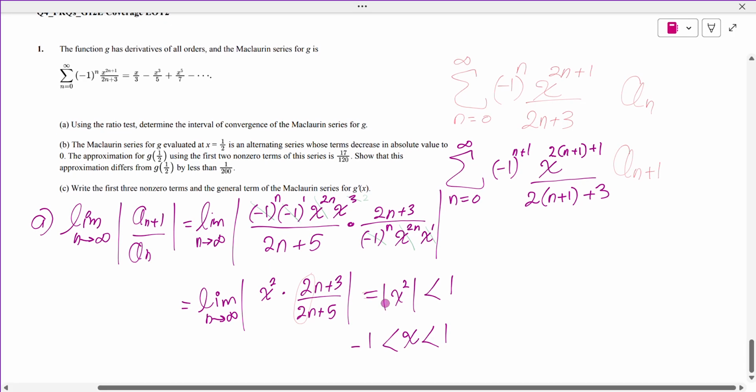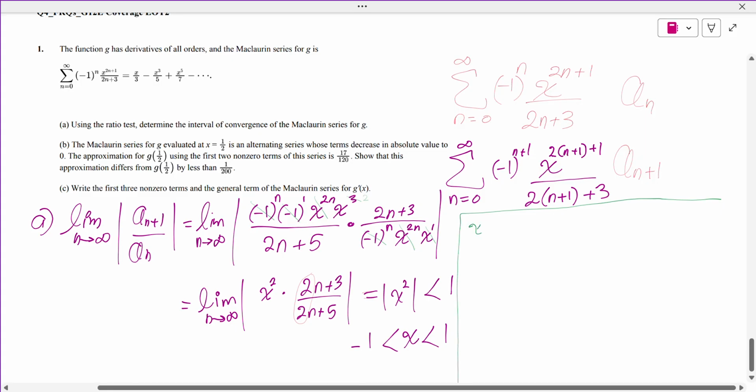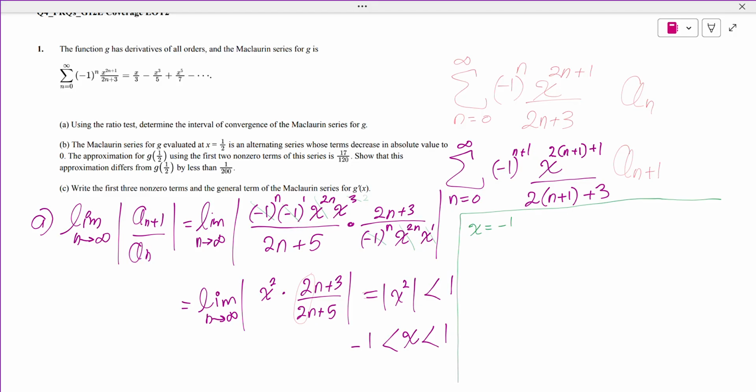So what happens if we plug in x equals -1? We did it differently last week when we did this question, right? Now in this session I will do it like what the AP is doing, okay? So x equals -1. What if we plug in -1 here instead of x?